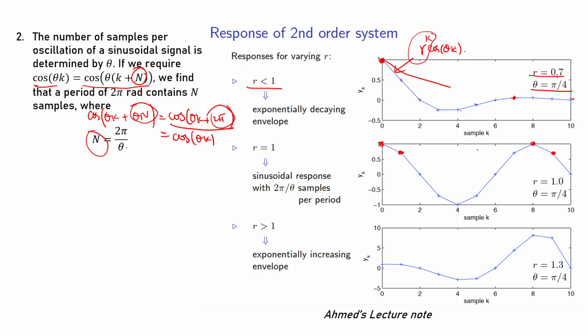And in this case r equal to 1, so there's no exponential decay, the amplitude is constant, so this is a pure trigonometric function.